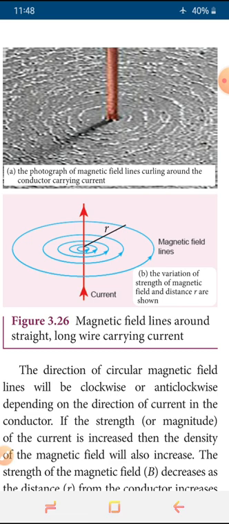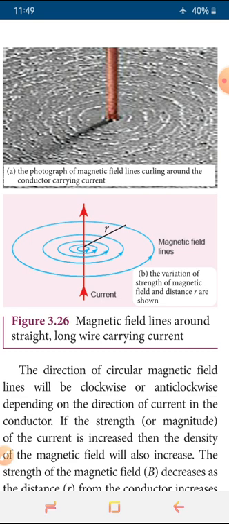Now this straight wire is explained with a compass needle. A straight wire with electric current passing through it is called a current carrying conductor. When we keep the compass needle near the current carrying conductor, the compass needle shows a deflection. This deflection is due to the magnetic field produced by the current carrying conductor. When we reverse the electric current through the conductor, the deflection of the compass is also reversed.